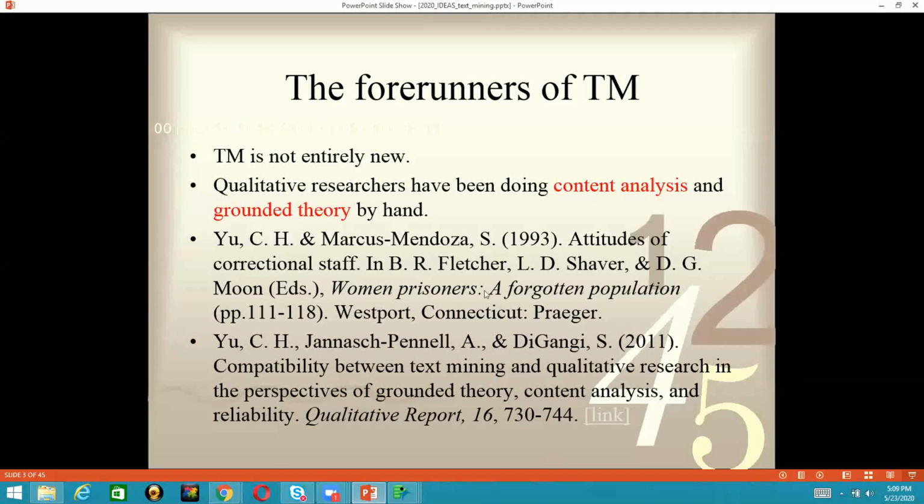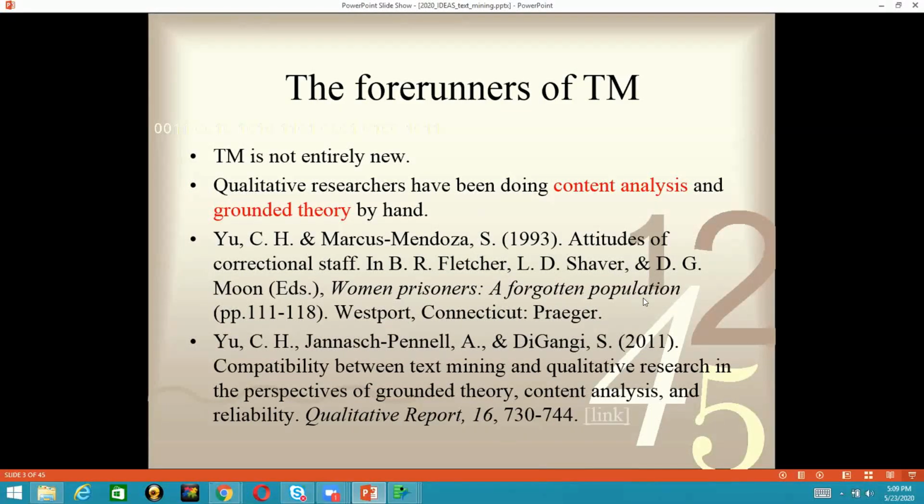Grounded theory is one step further: rather than looking at the terms, the usage by the users, the respondents, you go one step further to extract concepts, constructs, and then you ground your theory on the data.